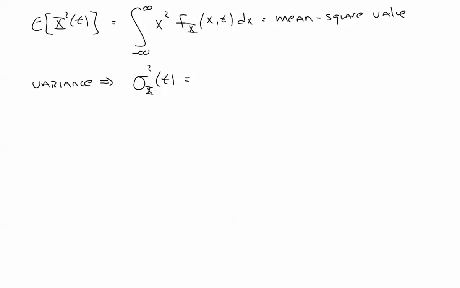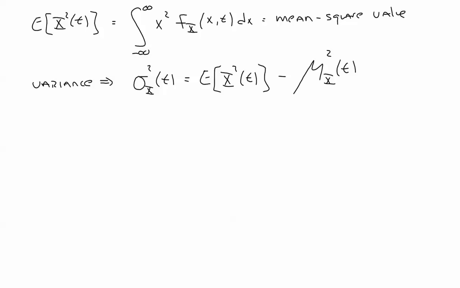And that is just my mean squared value minus the square of the mean, just like when we worked with random variables. The relationship between the mean squared and the mean value when we determine the variance for my random process is identical to the result we had when we were talking about random variables.